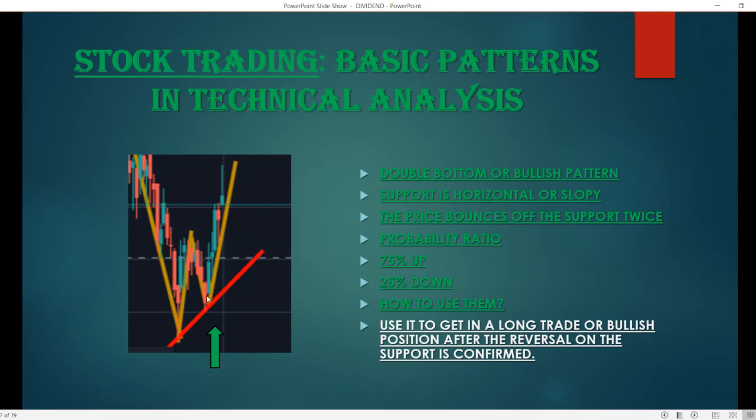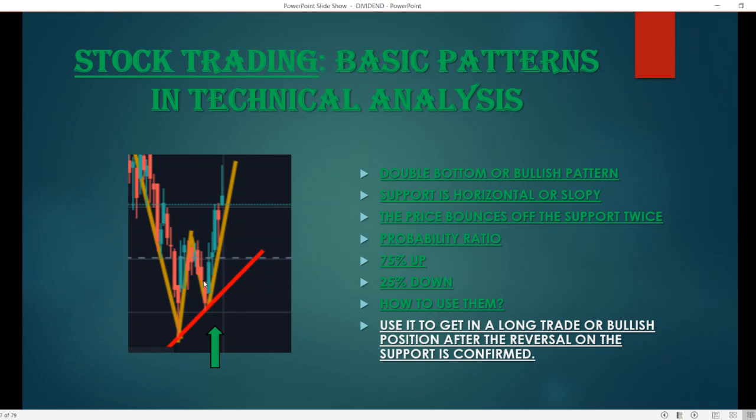Those red candlesticks came and they stopped here. Then I see a green candlestick going up. This is a confirmation. I want to see a second one. This is a confirmation that my stock has stopped going down and is now going up. So this is what you want to see in the double bottom. This is your signal point.